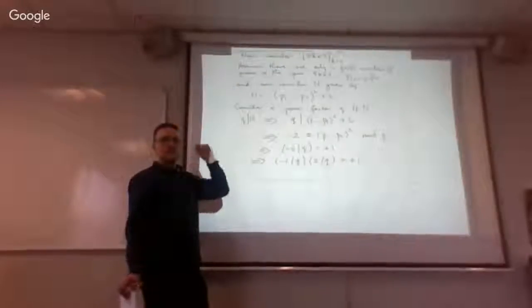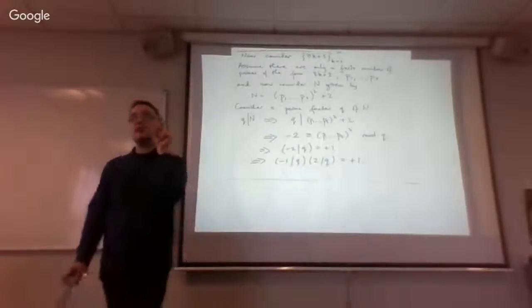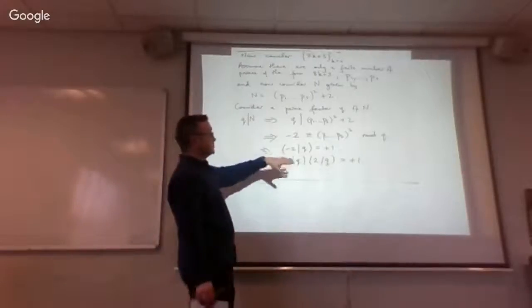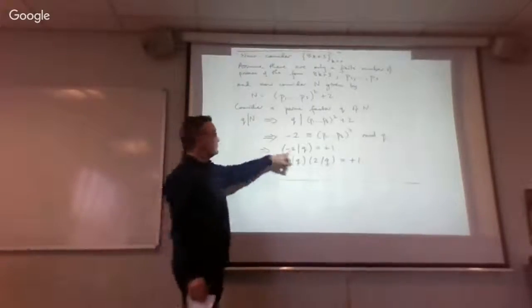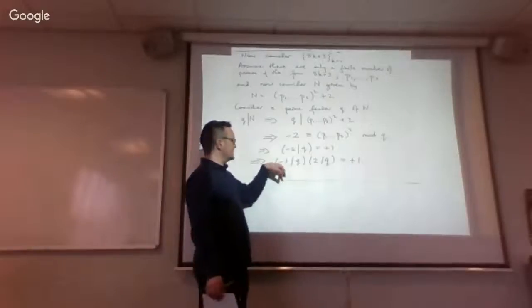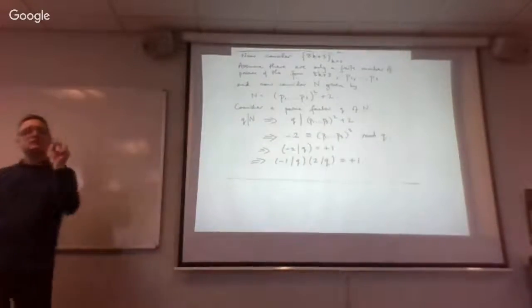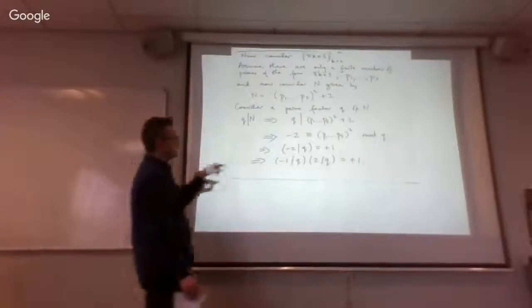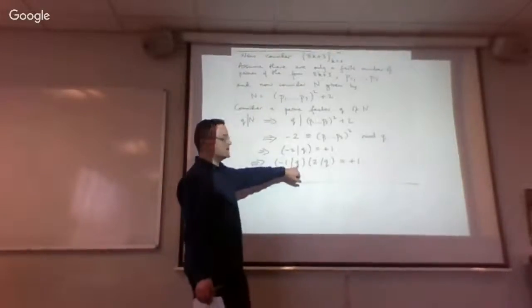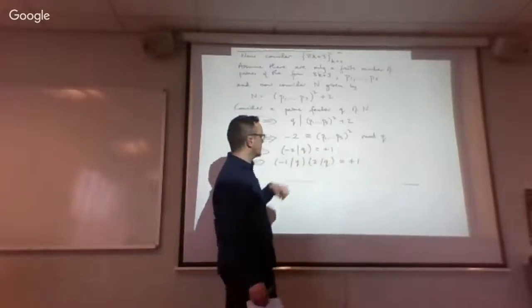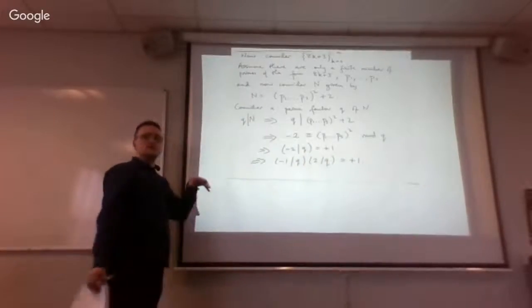After we arrived at Euler's criterion for evaluating a general Legendre symbol (n over q), we examined the special cases of n equals minus 1 and n equals 2. We got nice results about them based on the congruence class. This one was based on the congruence class of q mod 4. This one was based on the congruence class of q mod 8. So we can make use of those now.